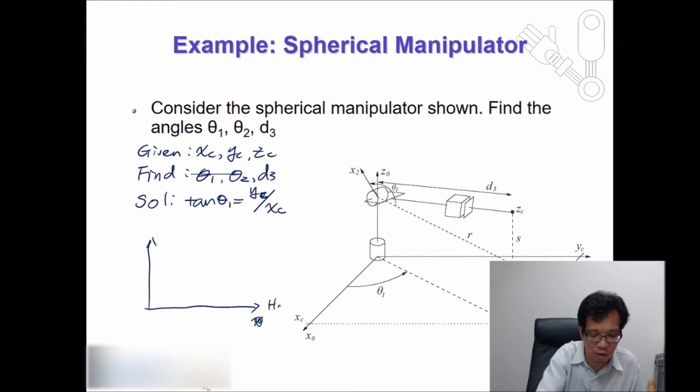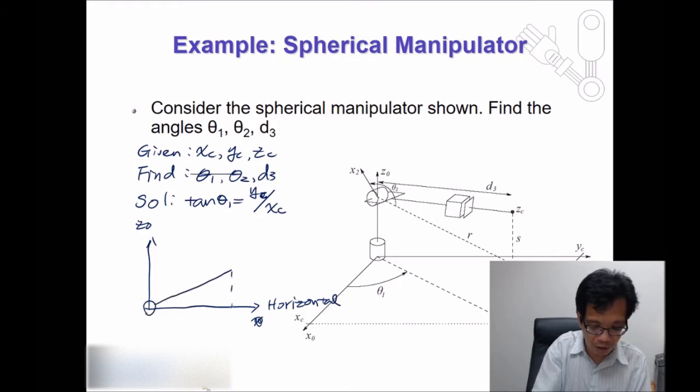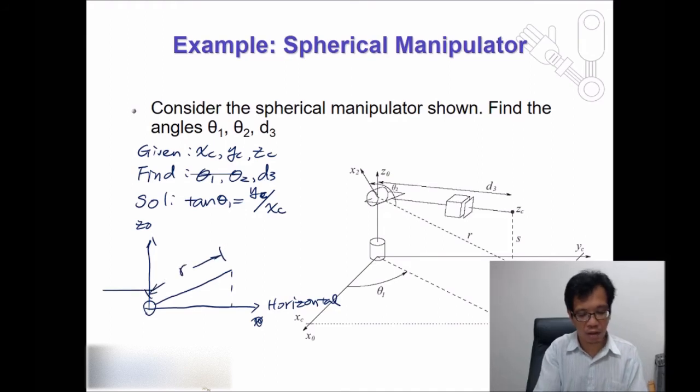This is horizontal, not x. This one over here is going to be z naught. So if we draw everything over here, this is something we're looking at.